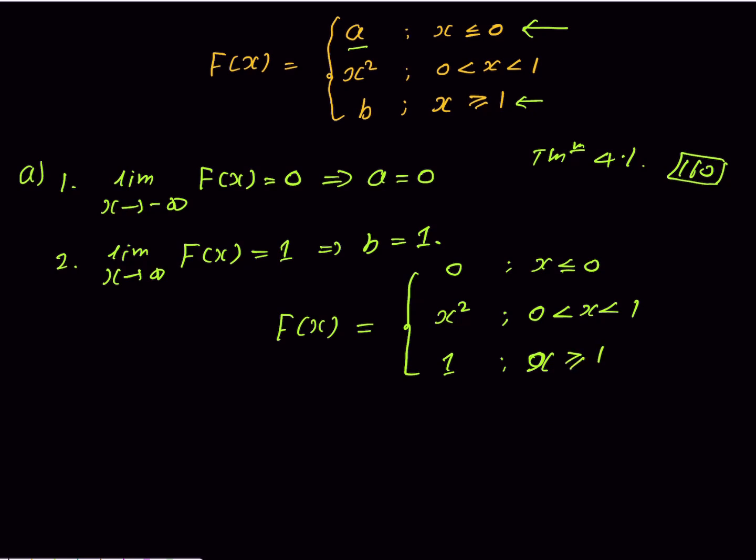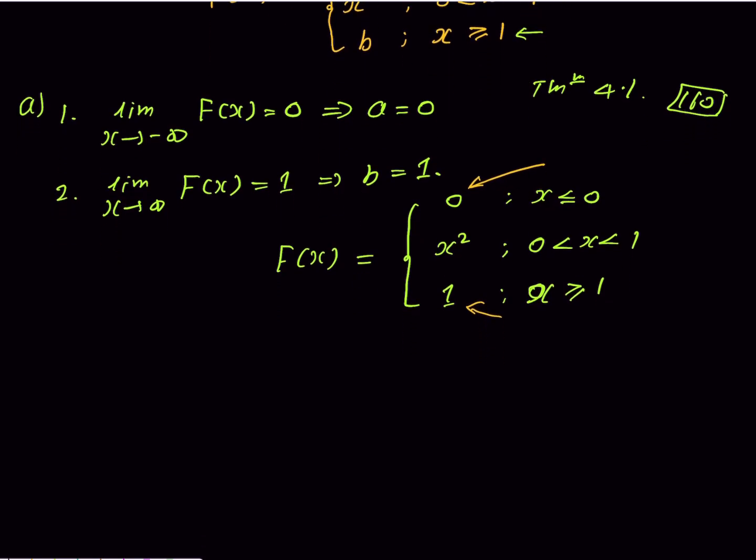Actually, you don't have to memorize these two properties. Why? We always write down the first part of the CDF equals 0 and the last part equals 1. So if you write down just a equals 0 and b equals 1, yes, I give you the full credit.